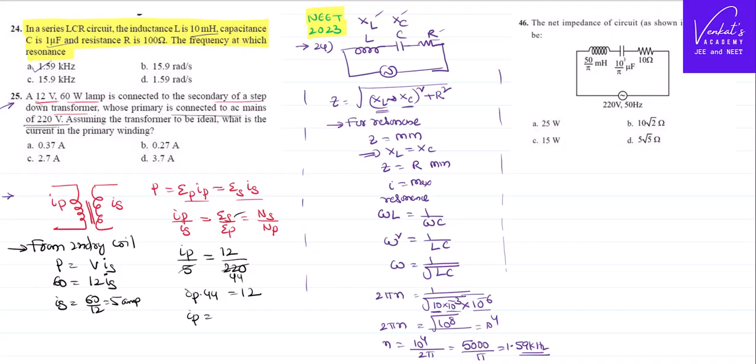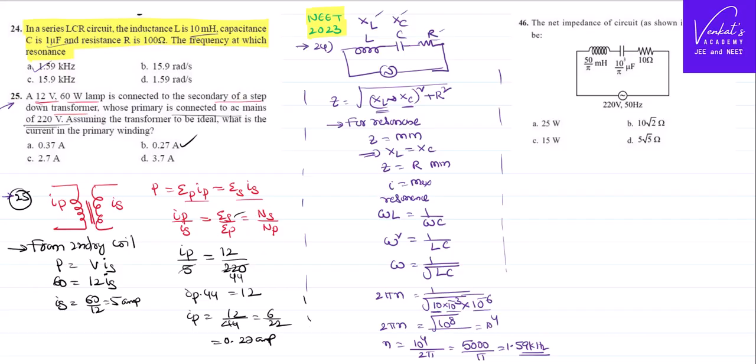Then I primary equals 12 by 44, that is 6 by 22. When you calculate this value, it comes to approximately 0.27 amperes. That's the answer for this next question, 25.